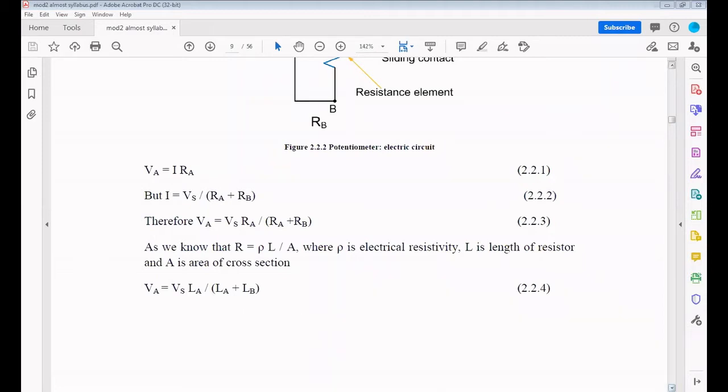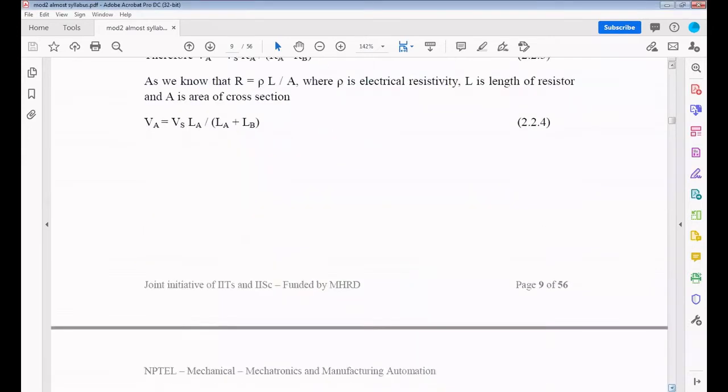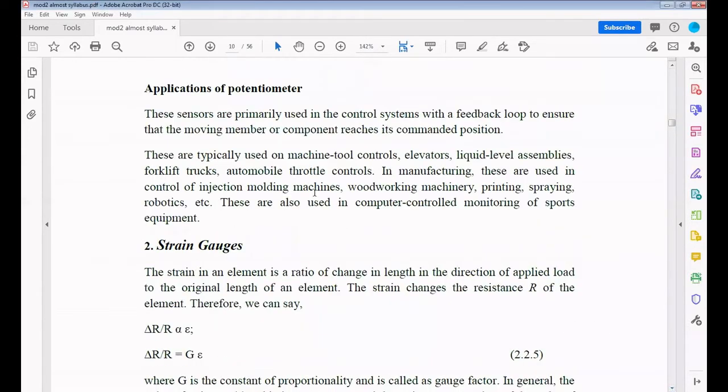So what are the main applications of using this potentiometer? These sensors are primarily used in control systems. If in any case we want to control any particular system, in that case we can use this type of sensor.